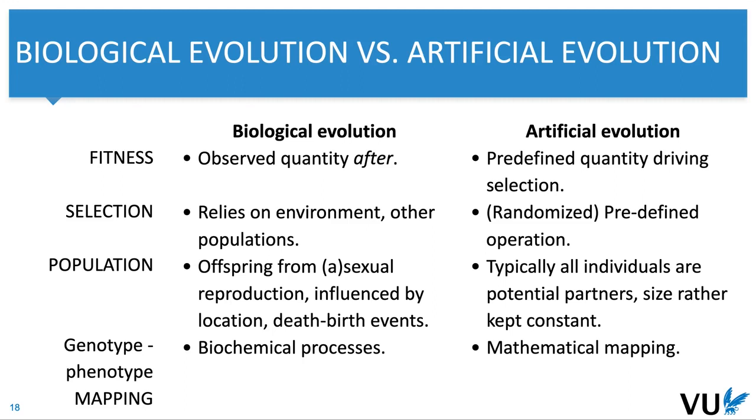And in biology, the genotype-phenotype mapping is done by biochemical processes, and in artificial evolution we have mathematical mappings, right? So again, this is a little bit different. Of course, you can say that biochemistry, to some extent, we can see as mathematics implemented by nature. So maybe it doesn't matter too much, and these aspects are rather similar, but still they differ a bit.